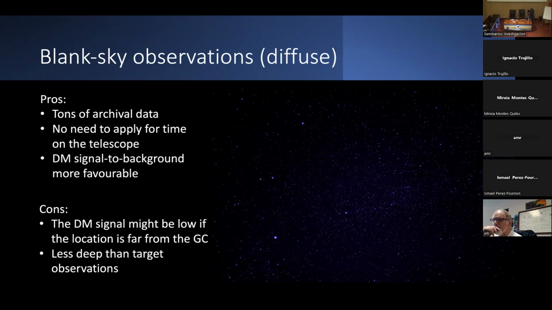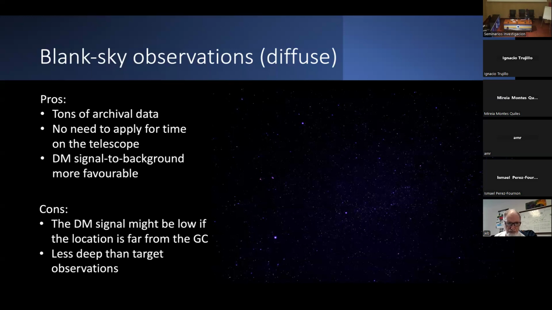And this is great because that's where I expect my dark matter signal to background to be more favorable. I don't want to stare at a bright galaxy because it covers all my signal. I want to stare just next to it. And also, the good thing is that there is no need in principle to apply for time on the telescope. We can just use all the available archival data so that astrophysicists don't get mad at us.